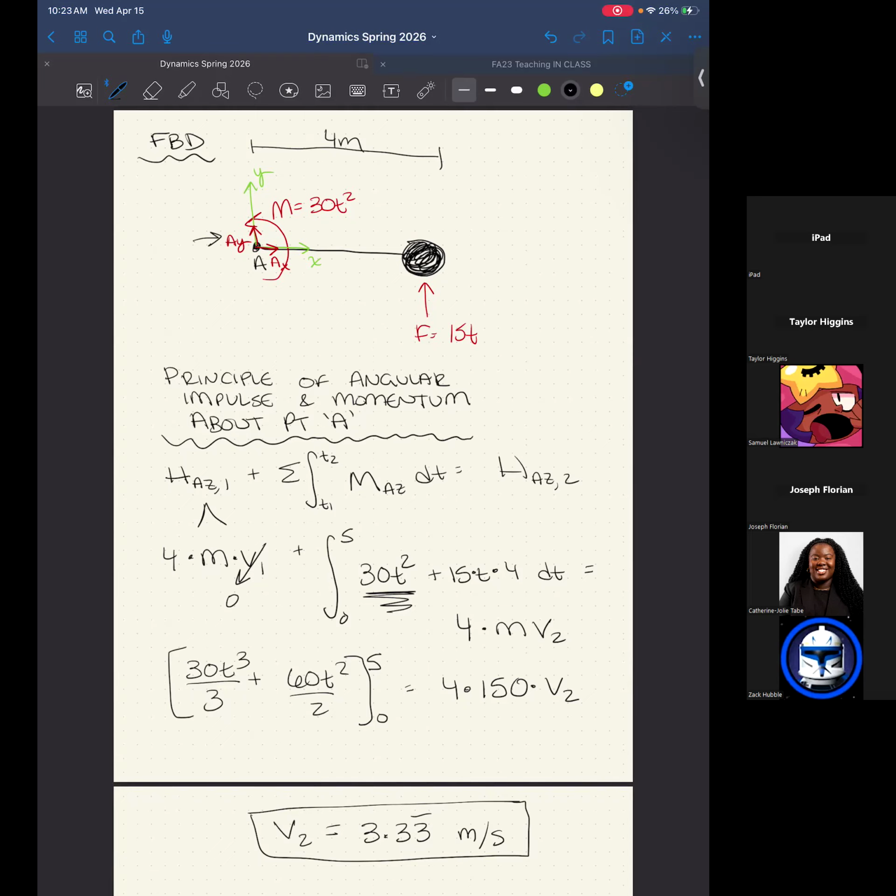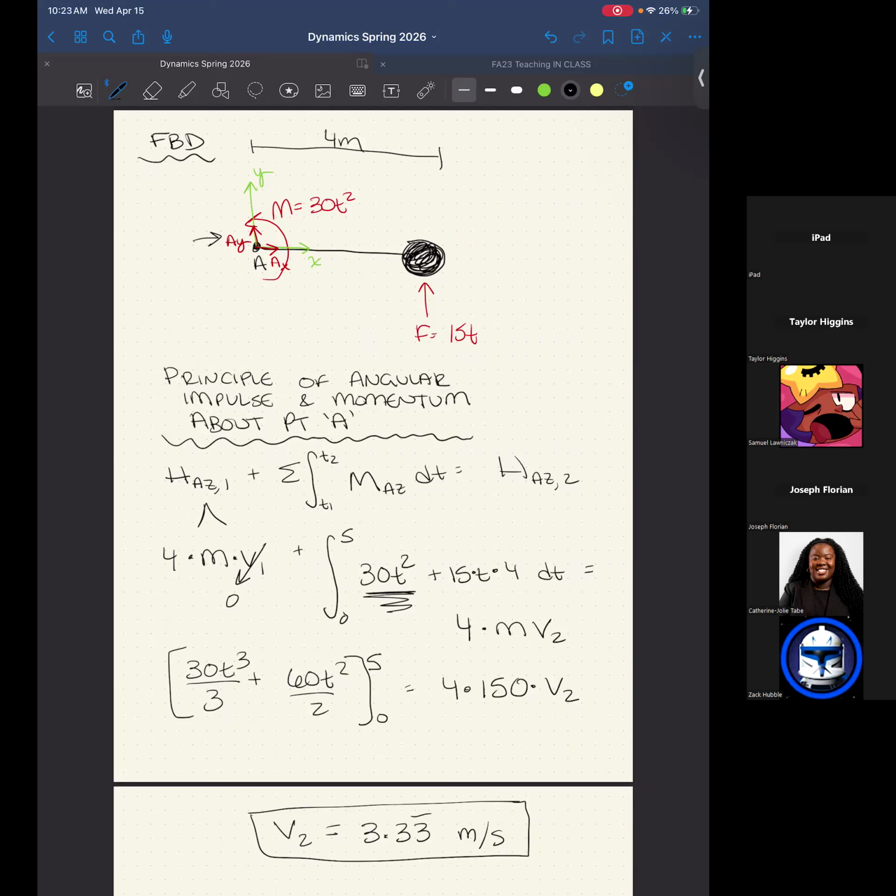That's how the moment is carried, right? I mean, it clearly works out, but the reason that doing the angular impulse and momentum about point A is the right way to go is because you're taking moments about A, so those A reactions don't come into it.